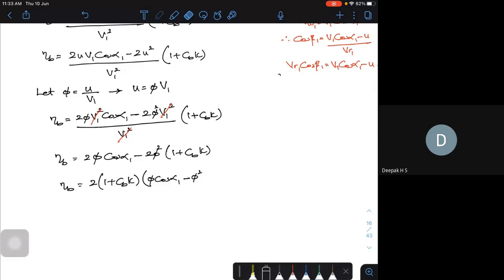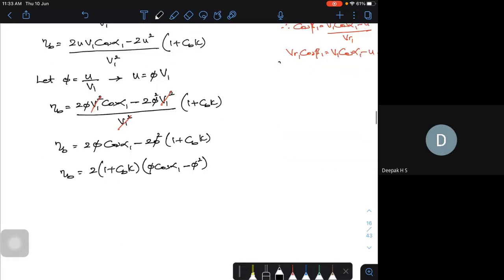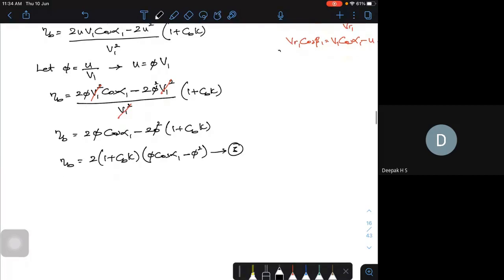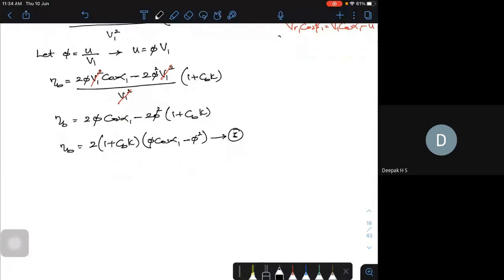It's a bit complicated. Let me call this equation number 3. This is the expression for the blade efficiency in terms of your speed ratio. If you closely observe this equation 3, it looks like a parabolic equation.